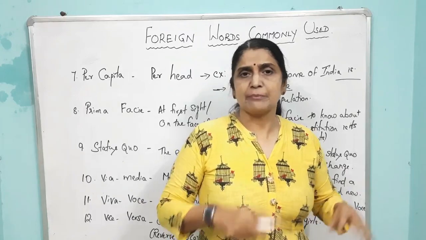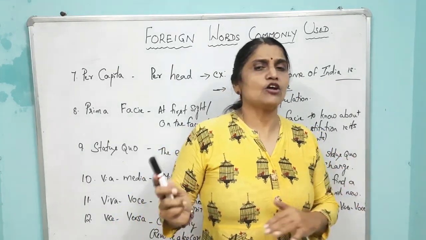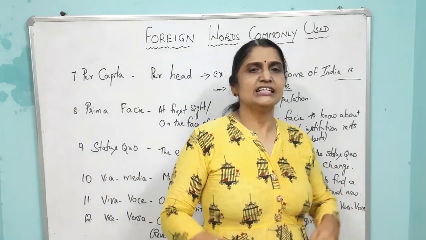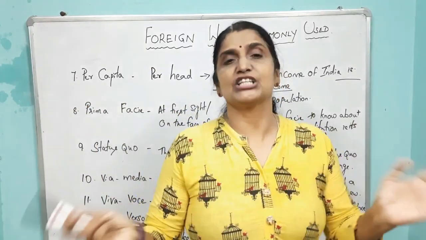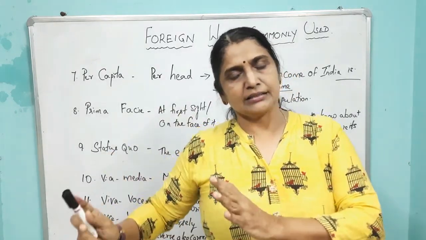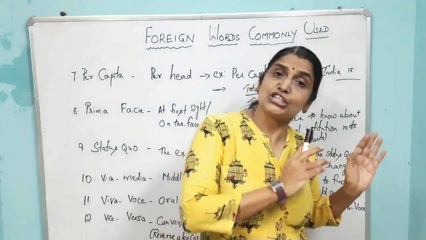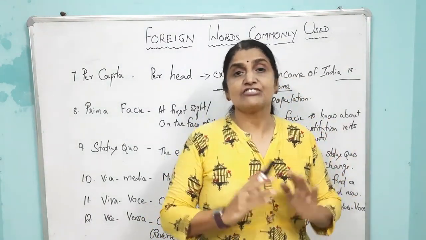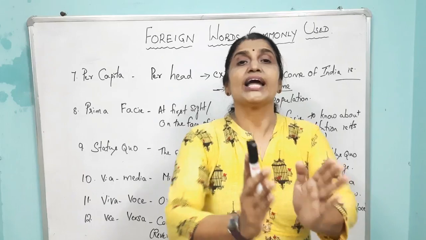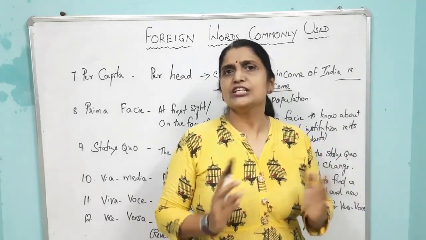Some people like old ones, some people like new ones. So we will not take the old one or the new policy. Let's go via media, in between. It should be favorable to both. The people who are supporting the old policy and the people who are supporting the new policy, it should satisfy both of them. So we will go via media, in between. Got it? So in between, the decision you are taking.